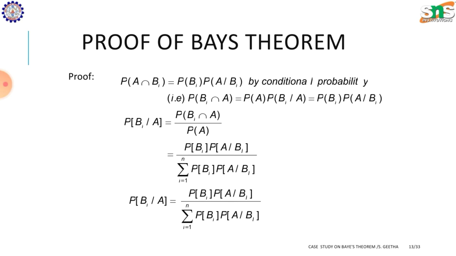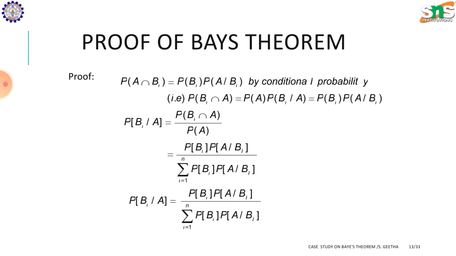Next, proof of Bayes' theorem. P of A intersection Bi is equal to P of Bi into P of A given Bi. Here we are using the conditional probability. That is, P of Bi intersection A can be written as P of A into P of Bi given A, which is equal to P of Bi into P of A given Bi.